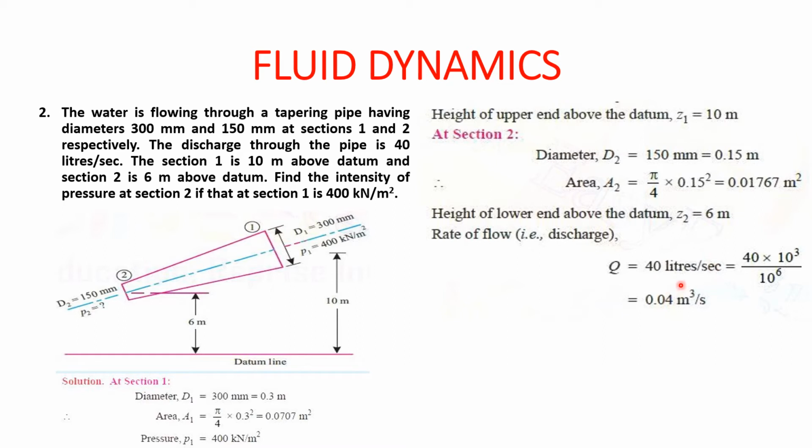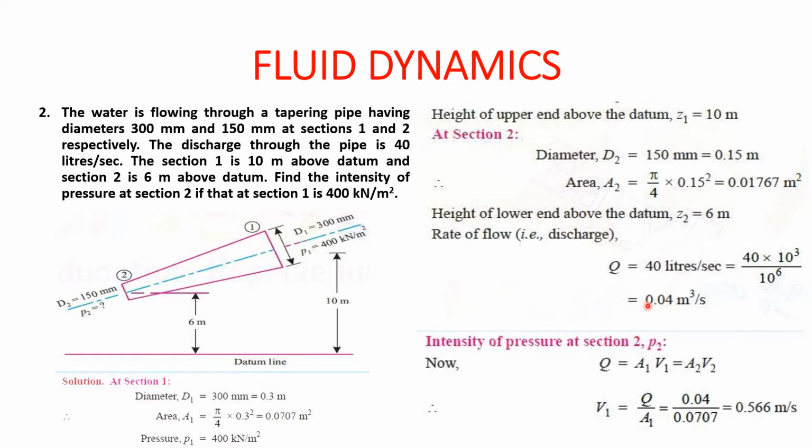Converting that into the SI unit system, to meter cube per second, we only multiply by 10 raised to minus 3. So we get 0.04 meter cube per second. This is the value of Q.